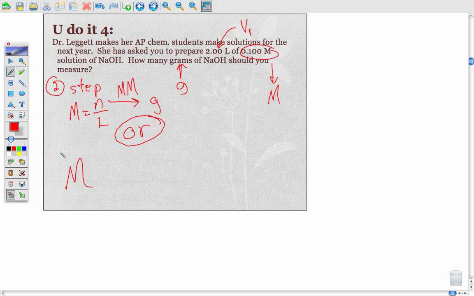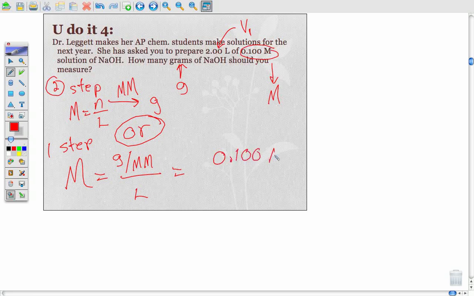I tend to like the 1-step problem. Again, time is a factor in our AP world, so substitute mass over molar mass for our moles and divide by liters. And I'm going to plug in my givens.